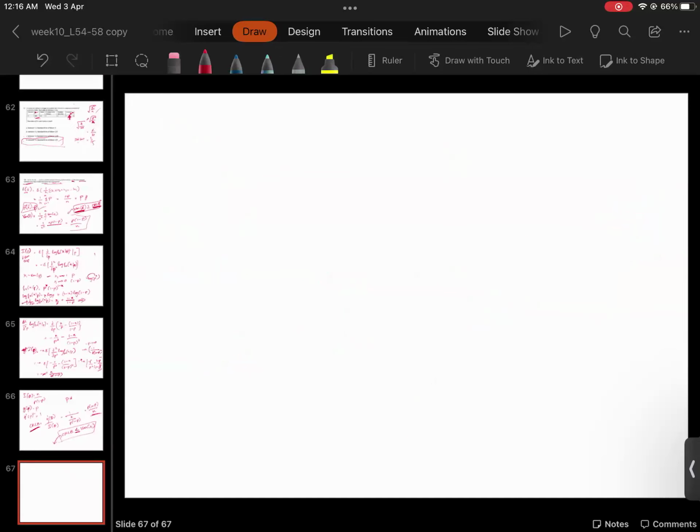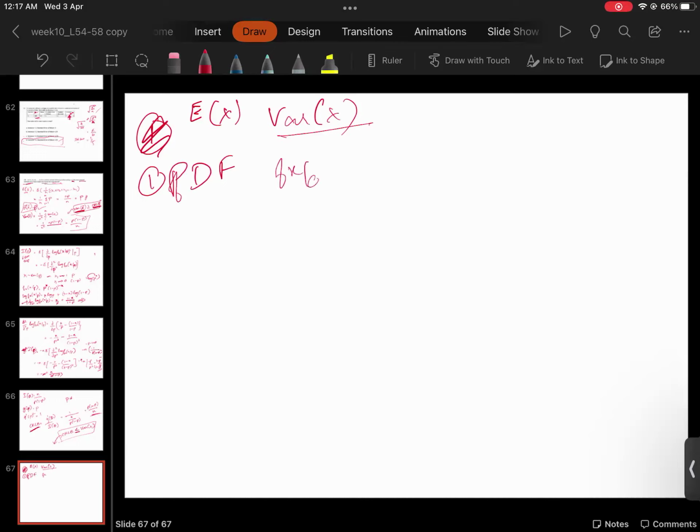Yeah, just to give a recap, you write the PDF. You calculate the expectation and you calculate variance of x as usual. You have this value. And then to calculate Rao lower bound, you write your PDF, which is f of x given theta.